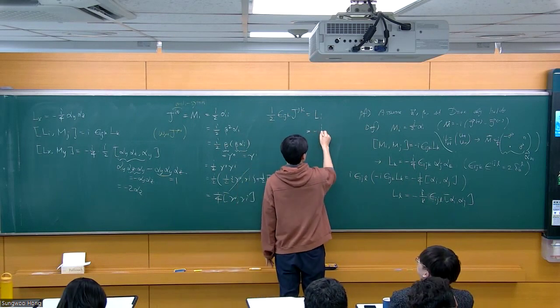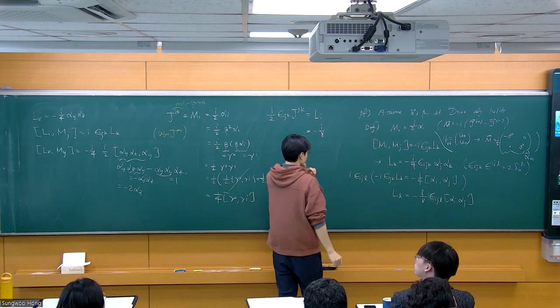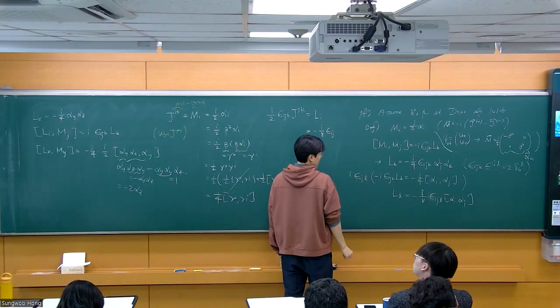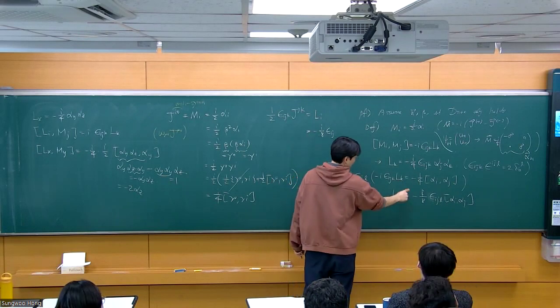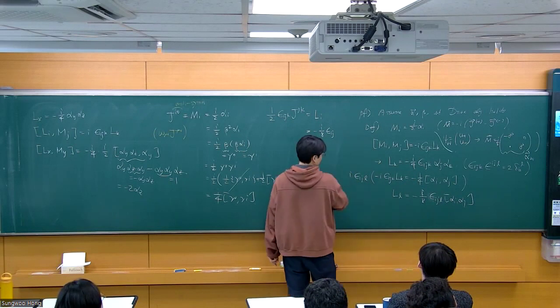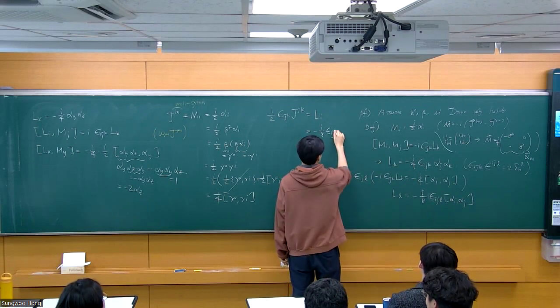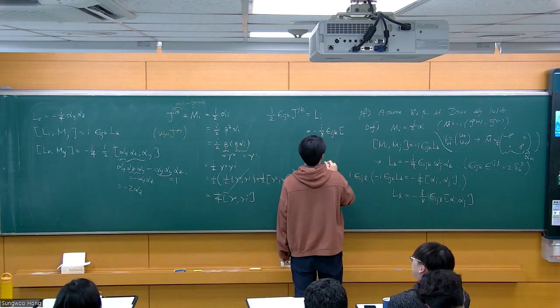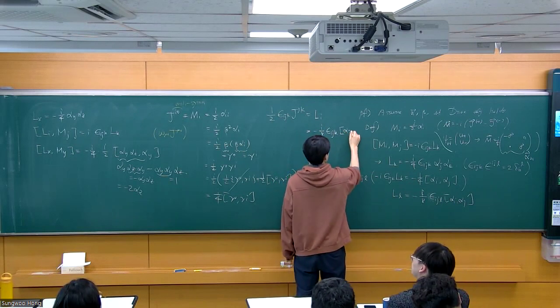So what do I have? I have minus i over 8 epsilon ij... well, this is what's for the K, so I'm just going to write it for the i. So i of K, I'm sorry, K. Sorry, but you know what I meant. Yes?